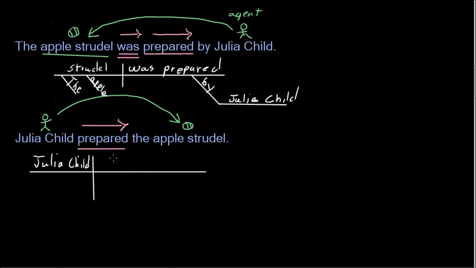Now in the active voice, Julia Child is the subject, and she prepared the object, the strudel. She's doing the action. When the subject's doing the action, you have the active voice.